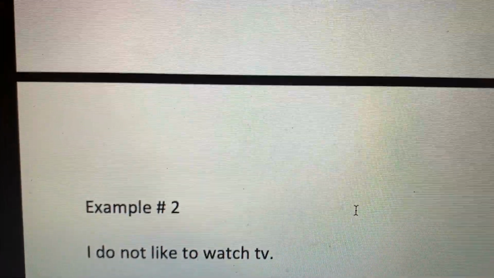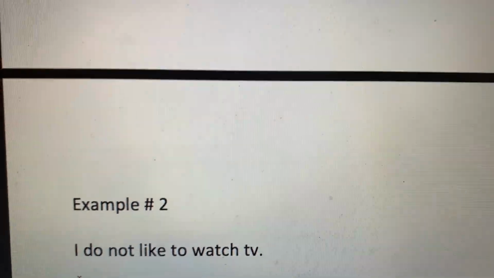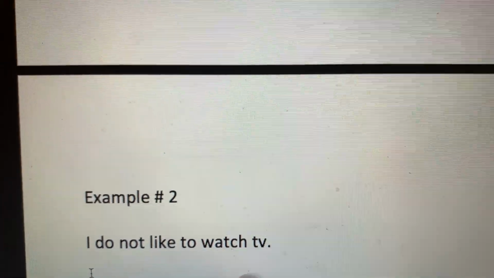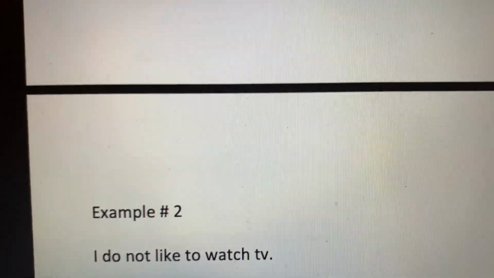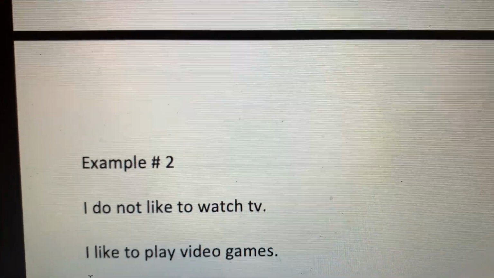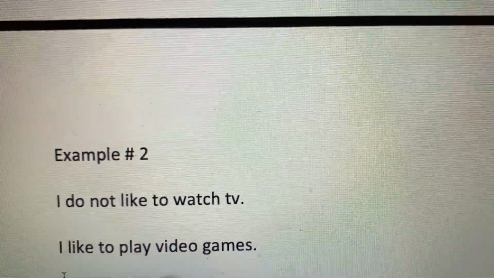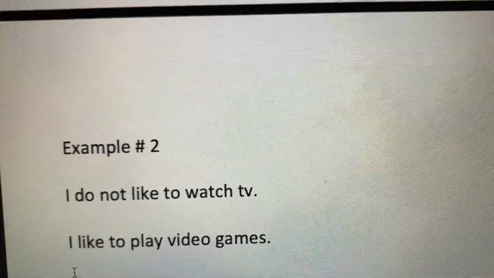Now we have another example. I have the sentence, I do not like to watch TV. Okay, I do not like to watch TV. And I have another sentence, I like to play video games. Now those are two separate sentences.